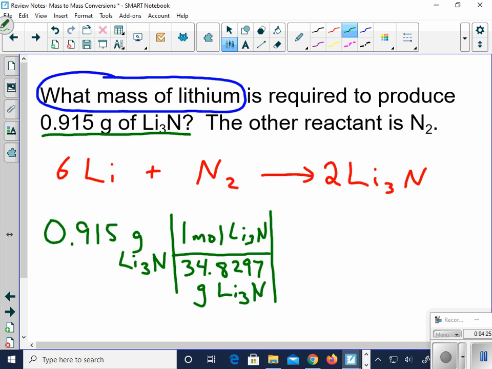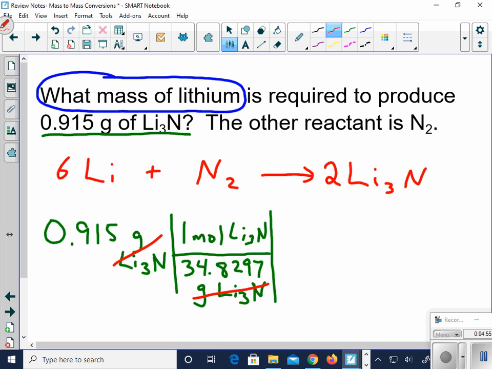Well, I multiplied 3 lithiums, the mass of lithium is 6.941, by 3, and then added to it the mass of nitrogen, 14.0067. So when I do my canceling, I've now converted this into moles of lithium nitride.